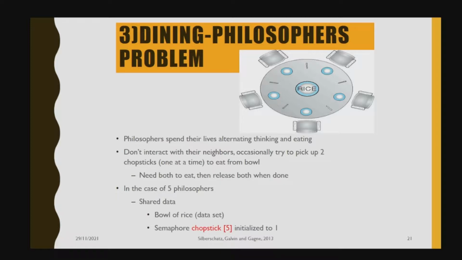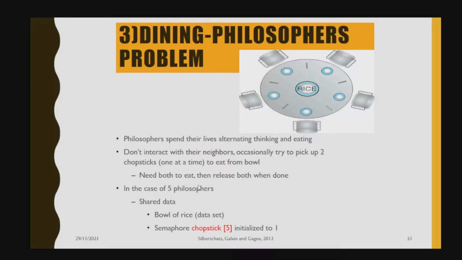So philosophers spend their life alternating thinking and eating. You're just like a student. So you are the philosophers. So you spend your life to think and to eat. They don't interact with their neighbors, but occasionally try to pick up two chopsticks, one at a time, to eat from a bowl.